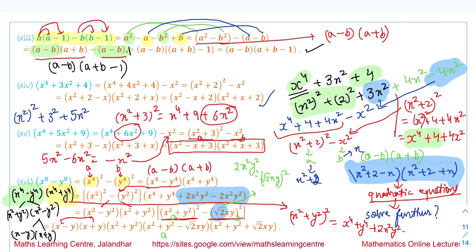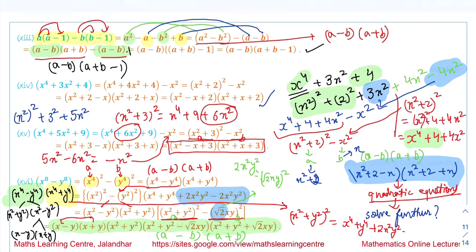So we are using the formula a minus b into a plus b. And you will get the final answer in this form: x minus y into x plus y into x square plus y square into (x square plus y square minus root 2 xy) (x square plus y square plus root 2 xy).